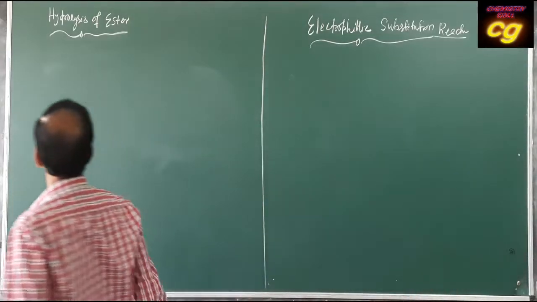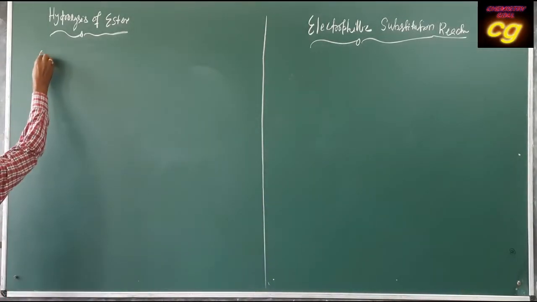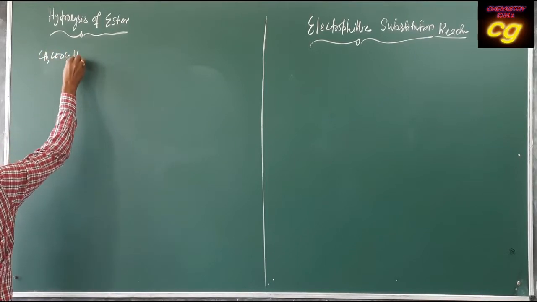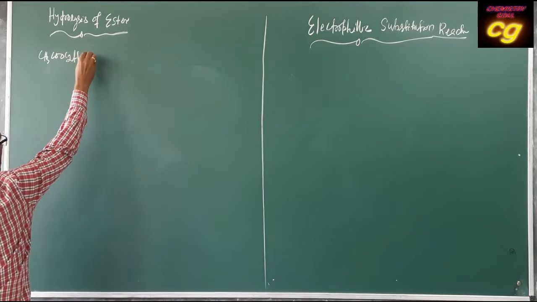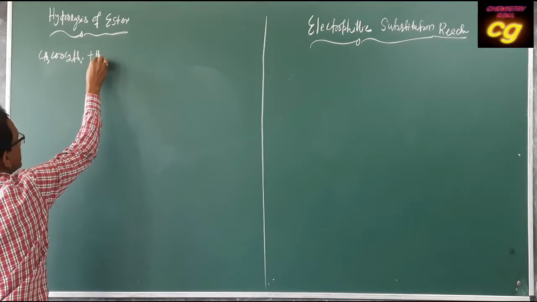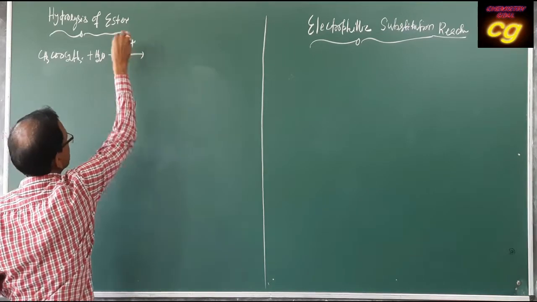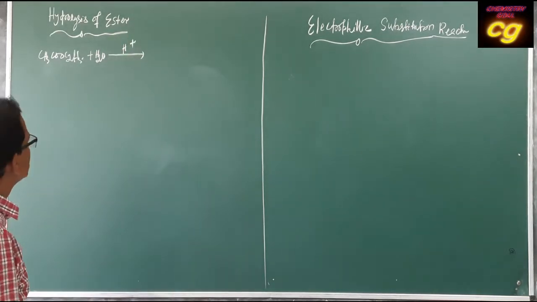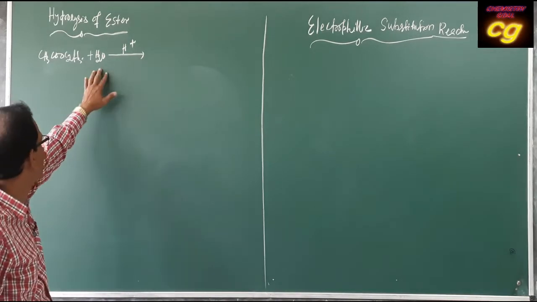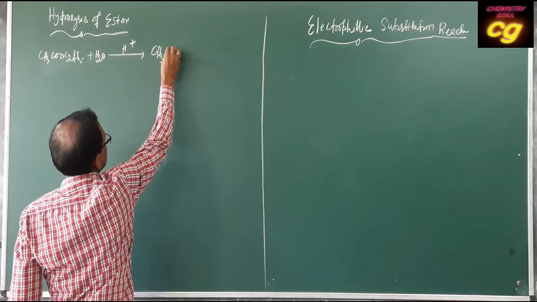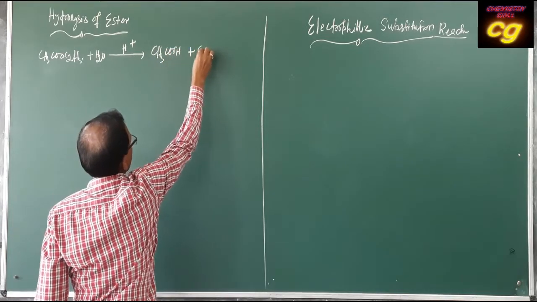Here, hydrolysis of ester. Already we know that when ester hydrolyzes in presence of water and acid catalyst, it produces carboxylic acid and alcohol.